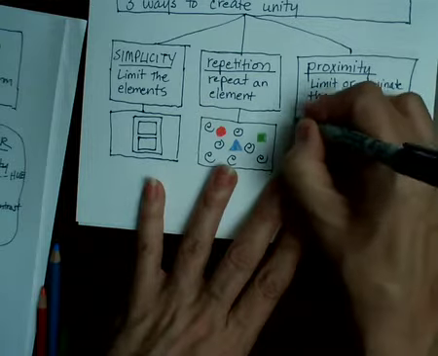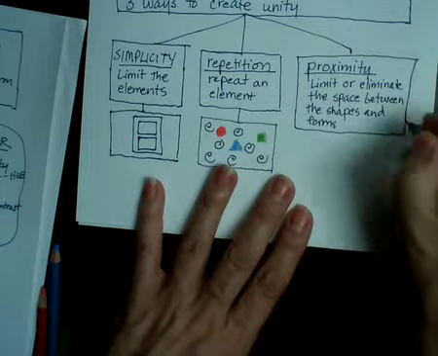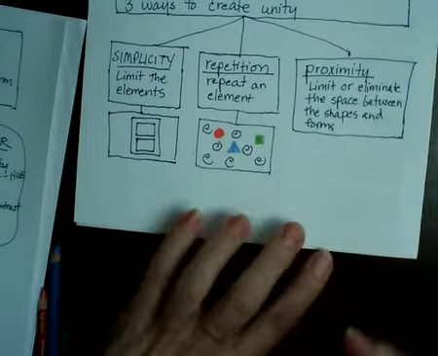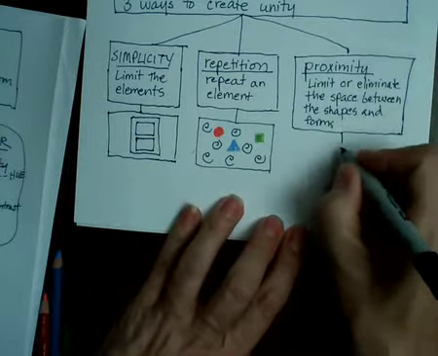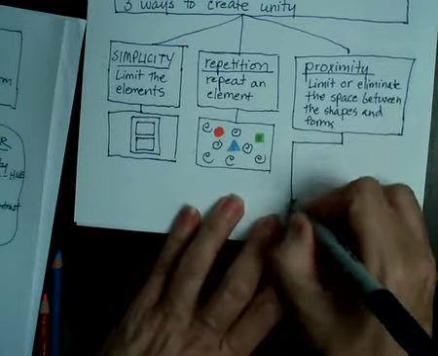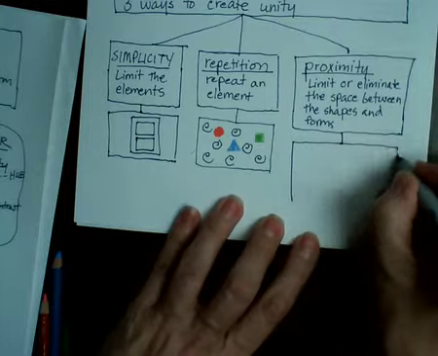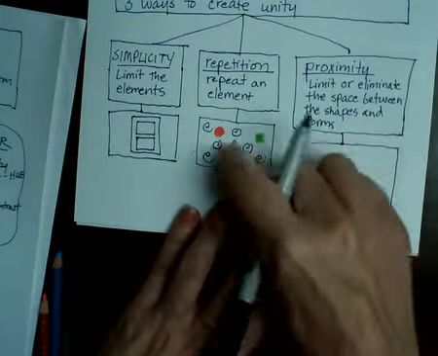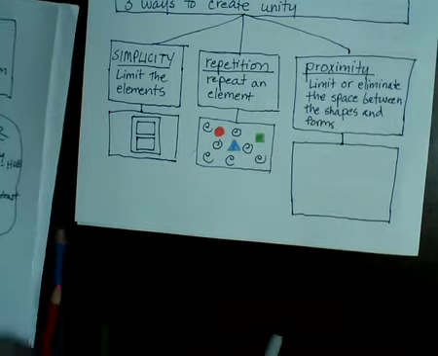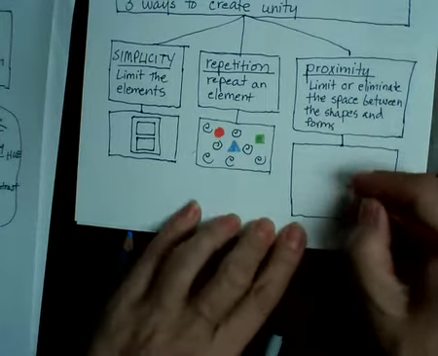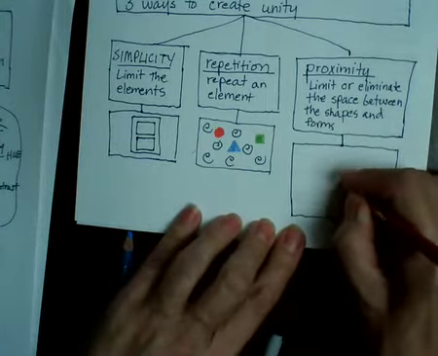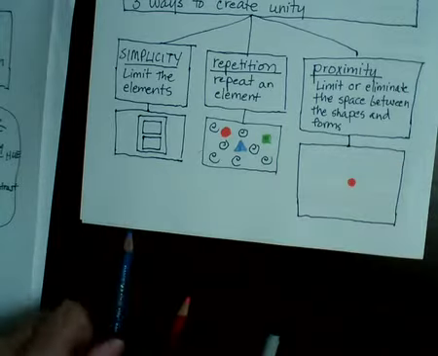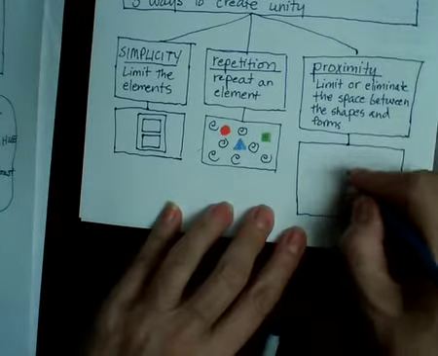So let me give you this example right here. You're going to take this example and not do repetition, but I'm going to eliminate all of the space in between these shapes. So if I can do my circle here, and then I'm going to have that overlapping my triangle.